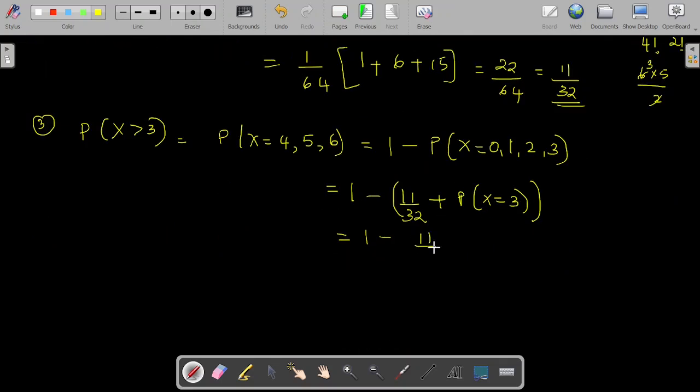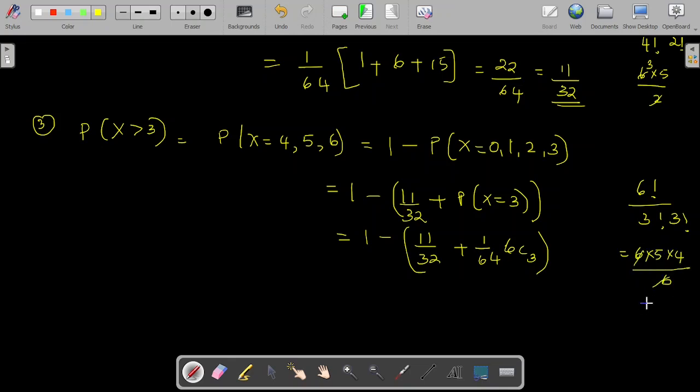So 11 by 32 plus 1 by 64 into 6c3. The value of 6c3 is 6 factorial by (6 minus 3) factorial into 3 factorial, which is 6 into 5 into 4 divided by 6, so 20. Just now we calculated 20 by 64. So 1 minus (11 by 32 plus 20 by 64).